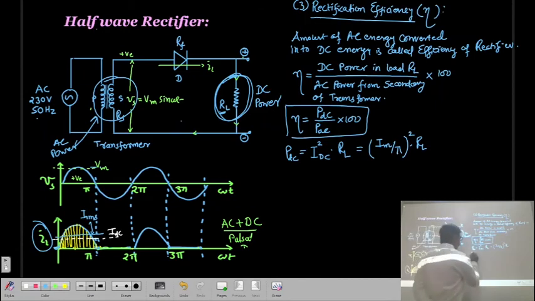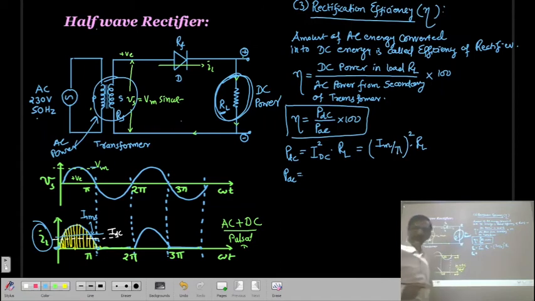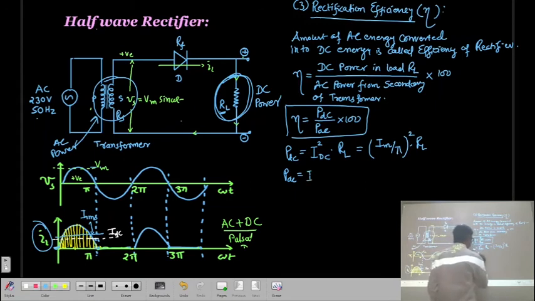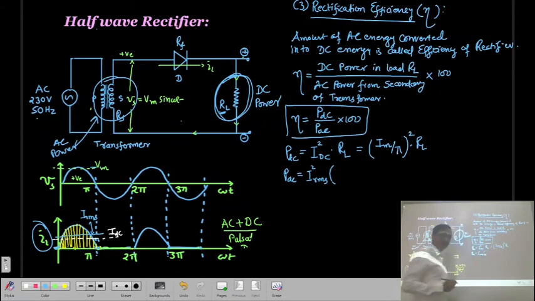Then what is the AC power? For the AC power, we have to consider the AC current, which means the RMS value of the current, that is I squared RMS. Now this AC current flows in the transformer, in the diode, as well as in the load resistance.